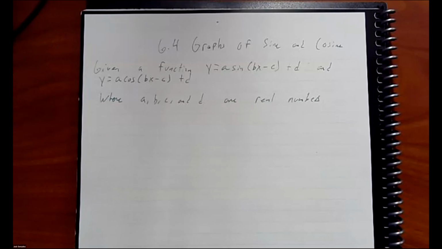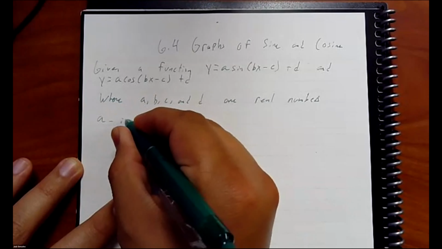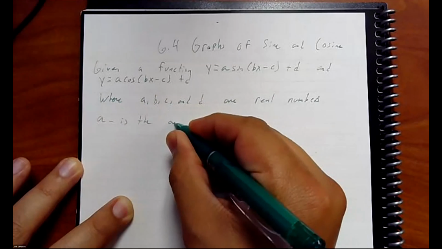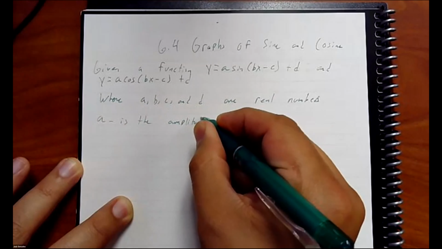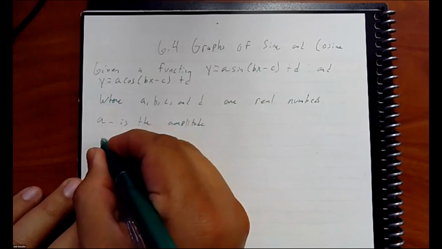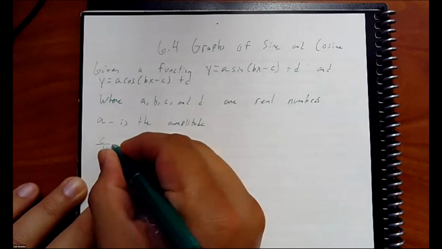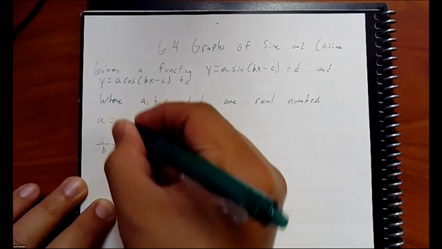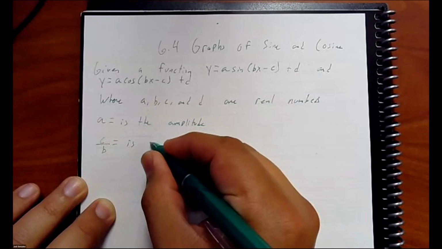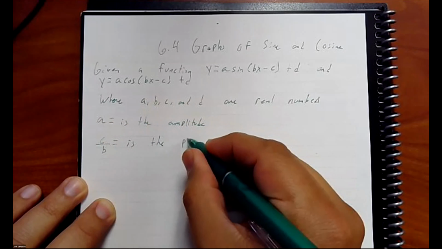Let me give you all the formulas here. So A is the amplitude. C divided by B is the phase shift.